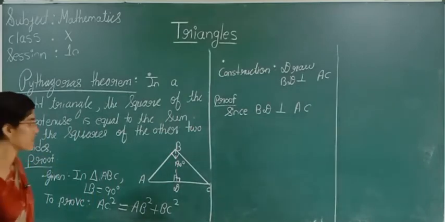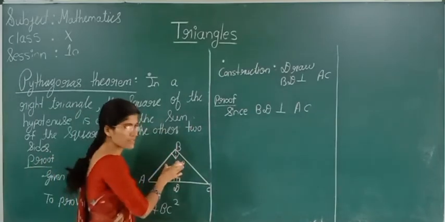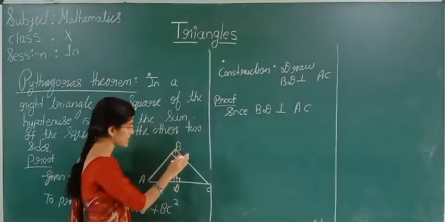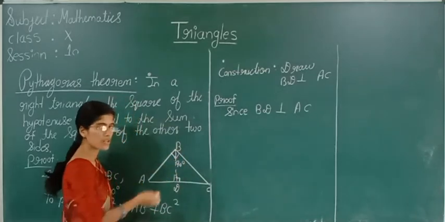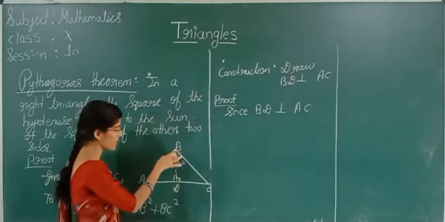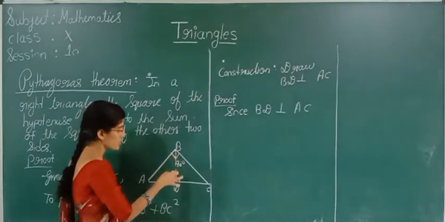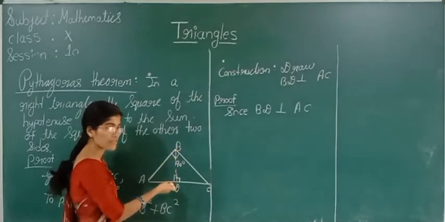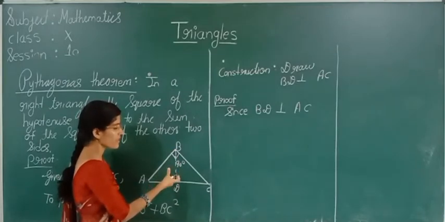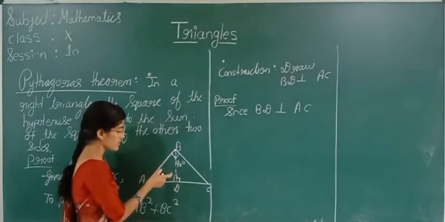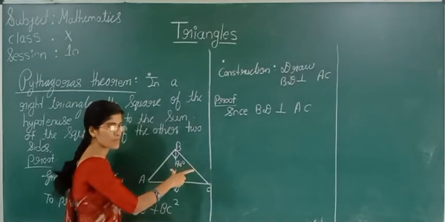In a right angle triangle, if you draw a perpendicular to the hypotenuse, the small triangles are similar to the bigger triangle.